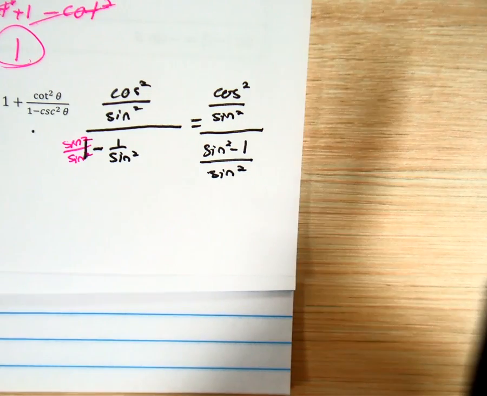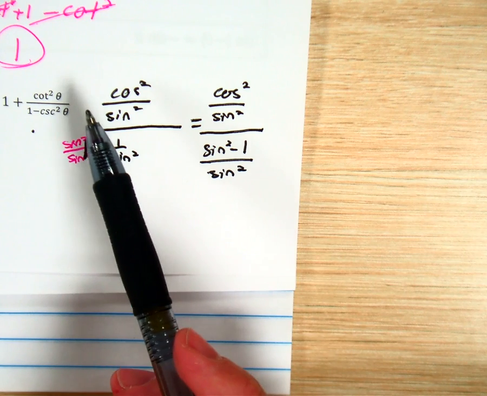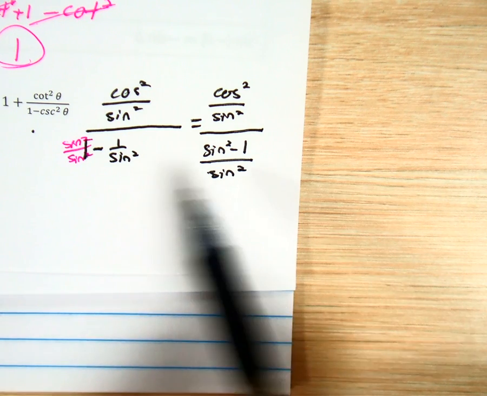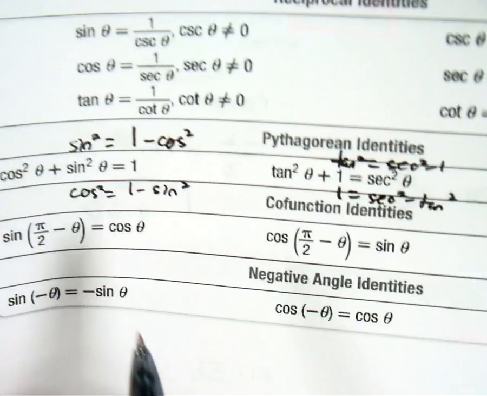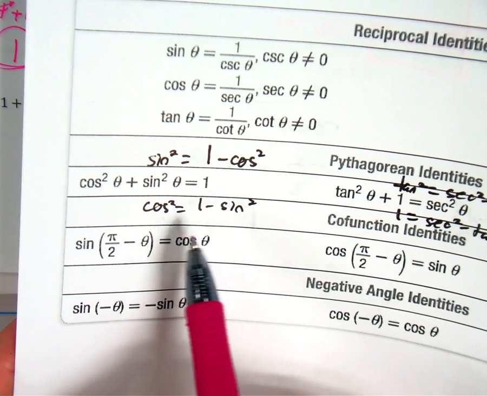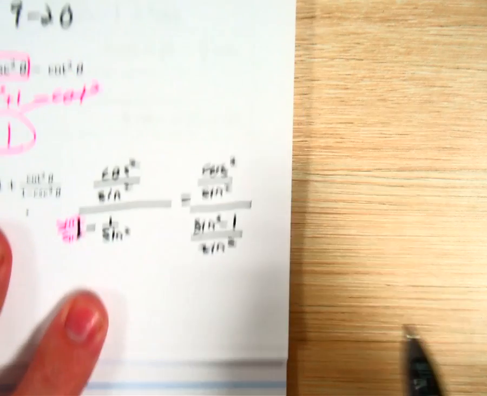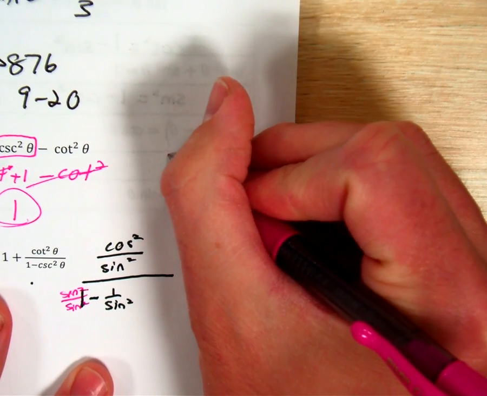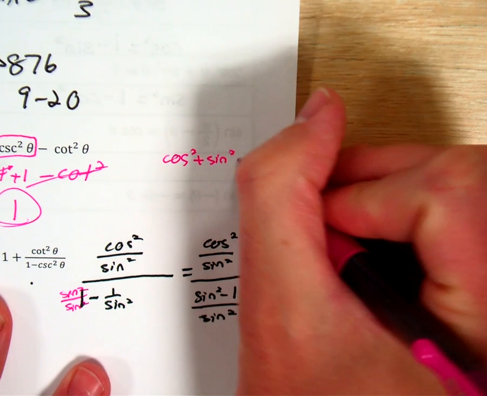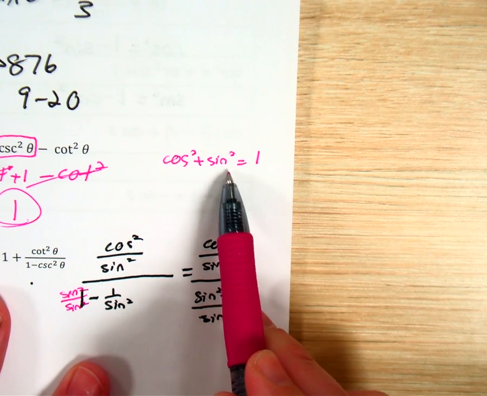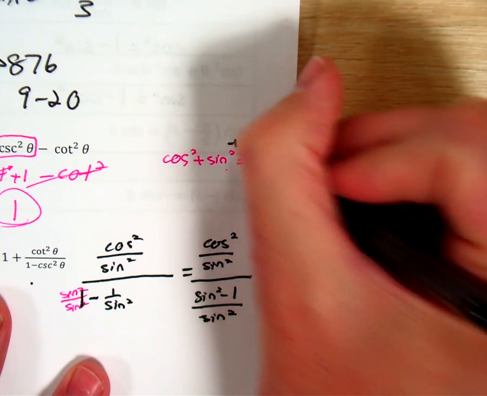Sine squared minus 1. Okay, this is kind of a weird one. The short way would have been one weird step, and this way has one weird step too. So we're like, ooh, sine squared minus 1. Well, cosine squared is 1 minus sine squared, and we have sine squared minus 1. So I'm going to show you up here: cosine squared plus sine squared equals 1. Well, I have sine squared minus 1, so what if I subtract the 1 over?